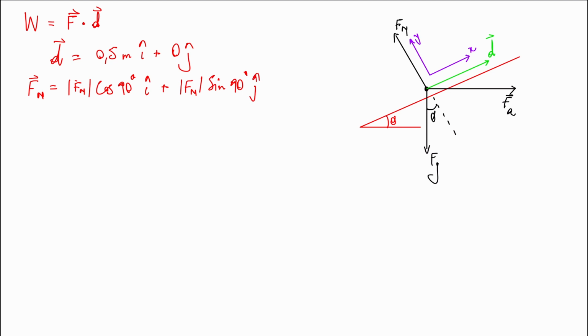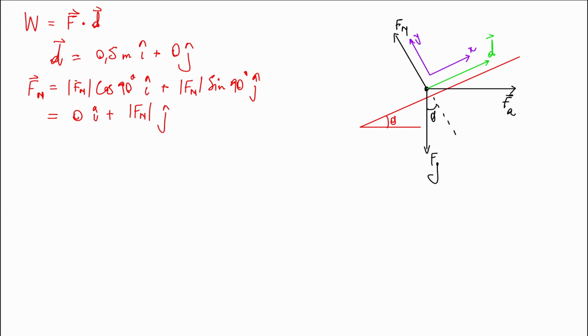I hope this makes sense. The cosine of 90 is going to give us 0, so this term is 0. This means our normal force will have 0 i hat plus a magnitude of Fn j hat.